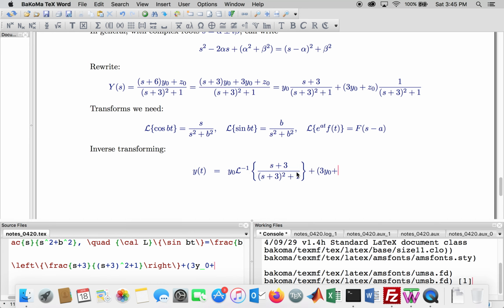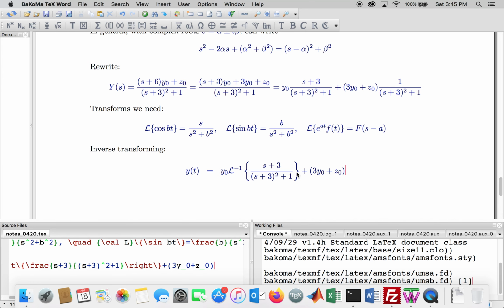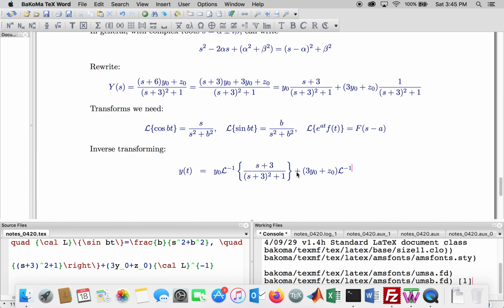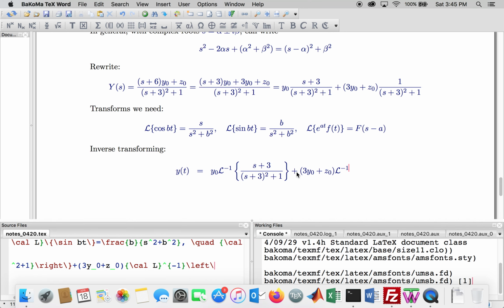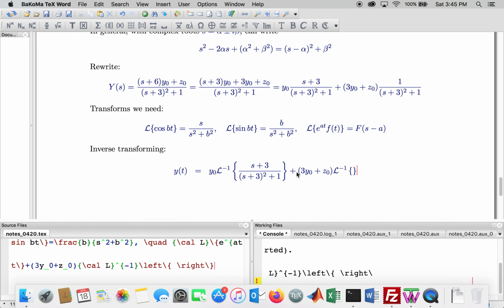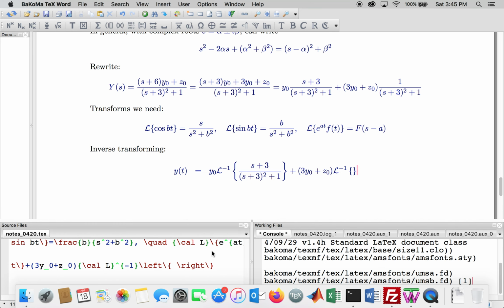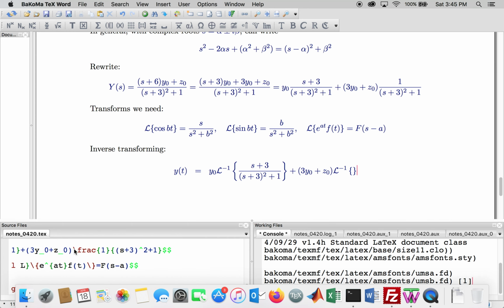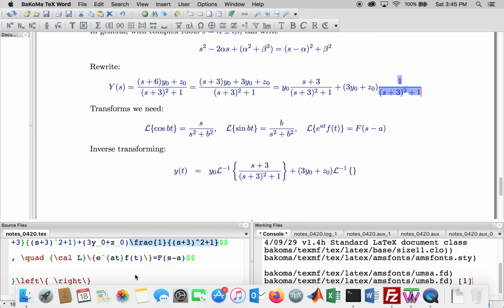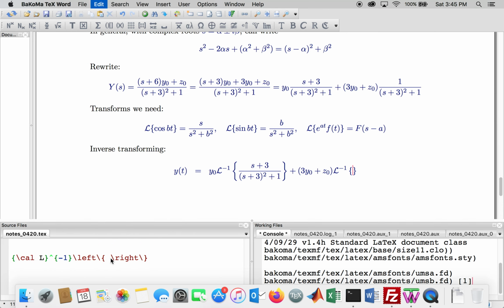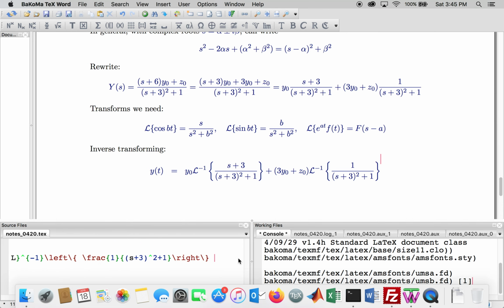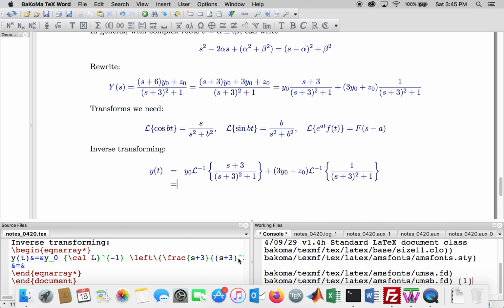Remember, constant factors can just be set aside, times the inverse transform of this fraction. So now the next thing I want to do is take into account the shift.